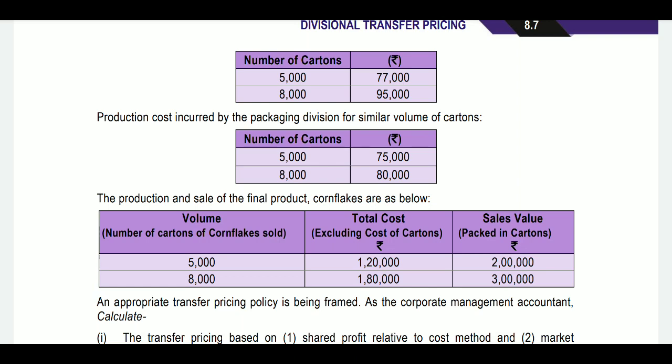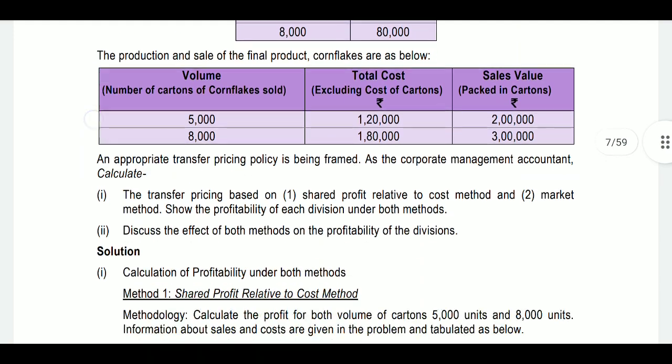This is the sale value, and the total cost is provided, excluding the cost of cartons, whether you purchase internally or from outside. Outside means market value, which was not there. Appropriate transfer price is being framed by the management accountant.